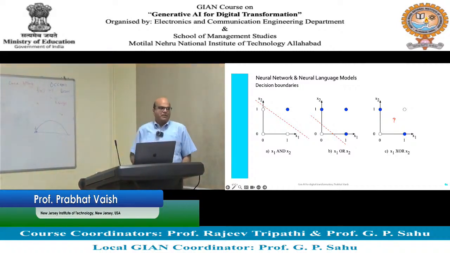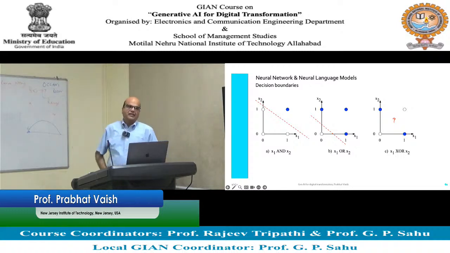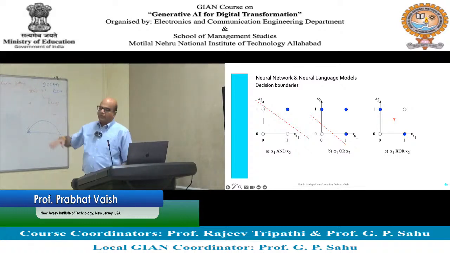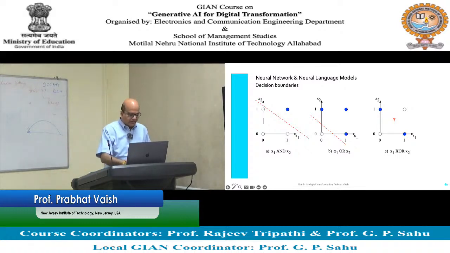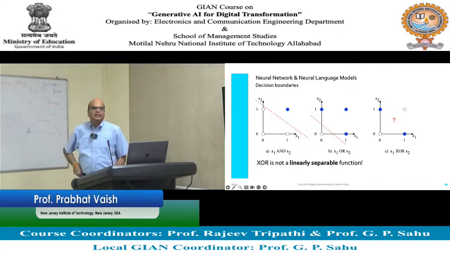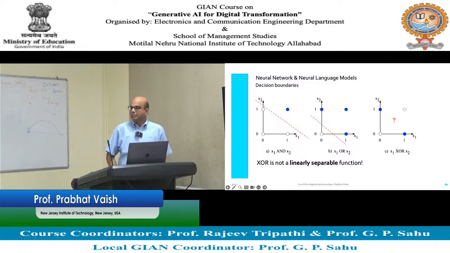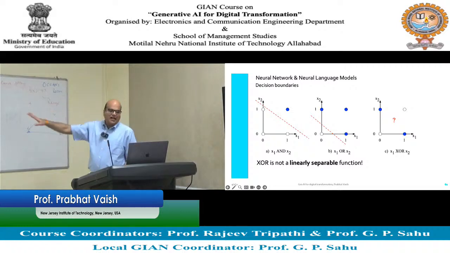Our neuron, if it is using a linear classifier, cannot implement the exclusive OR function, because the exclusive OR function is not what is called a linearly separable function. So now we run into our first problem: if we were trying to use neurons to implement the basic gate functions, these are not sufficient.